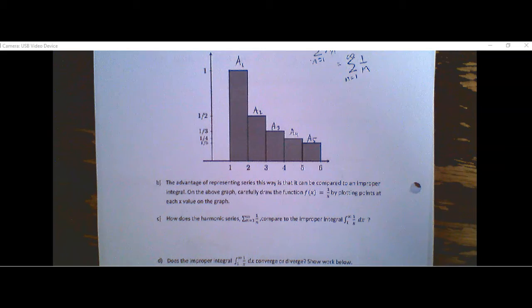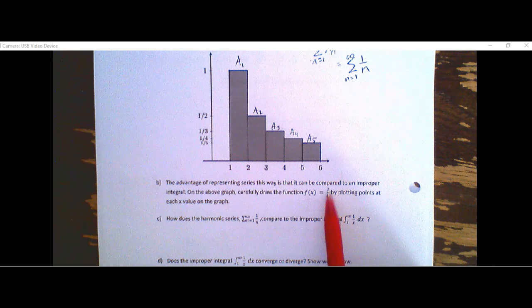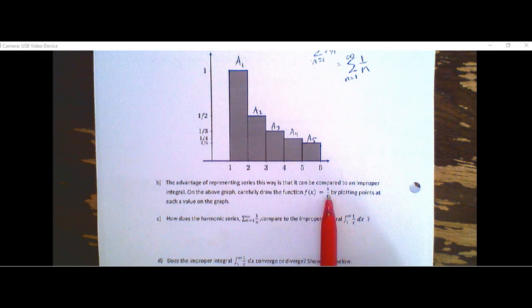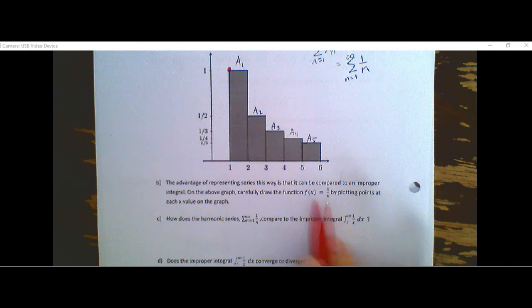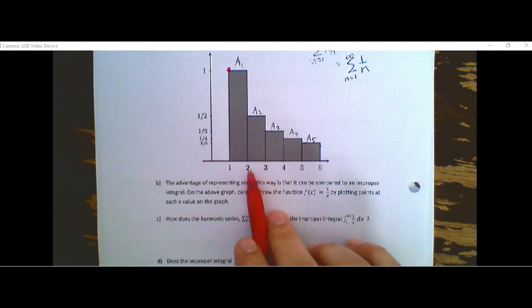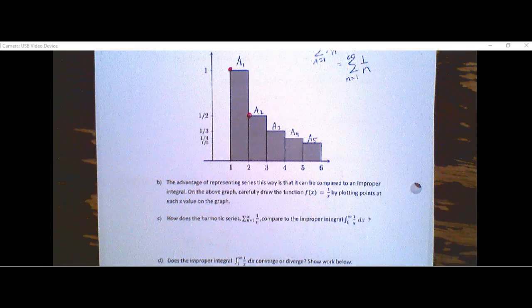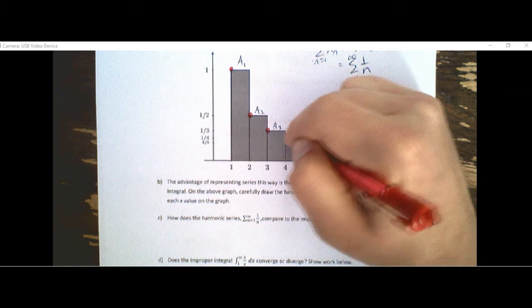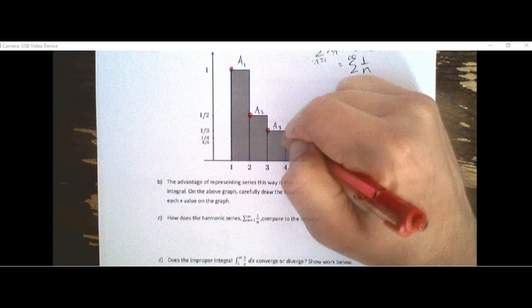If x were 1, we would get f of 1 equals 1. So let's put a point at 1, 1. If x is 2, we would get 1/2. Let's put a point at 2, 1/2. And so on and so forth. So we go 1/3 and 1/4 and 1/5.